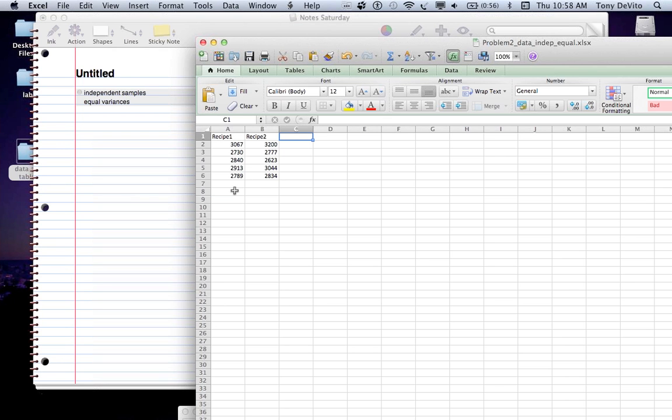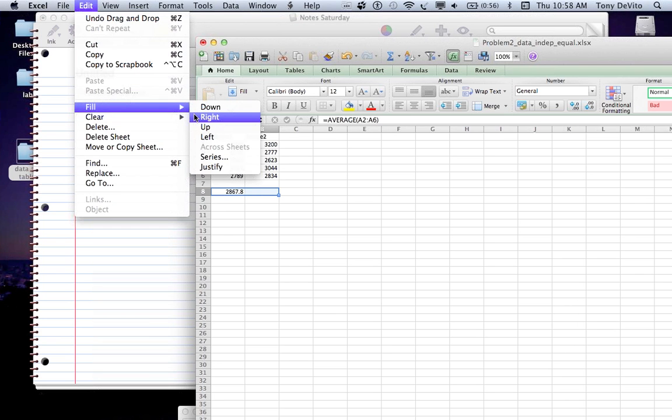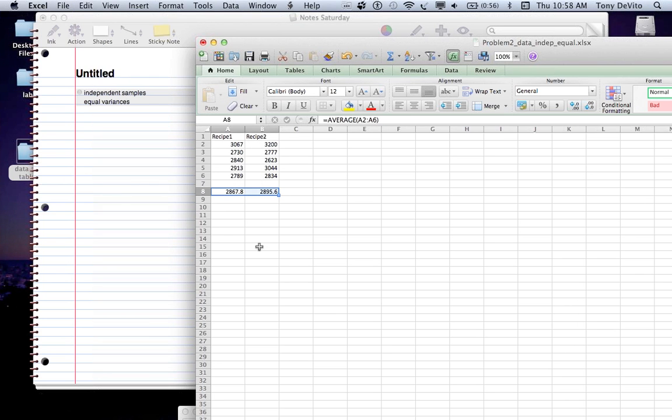So we're going to calculate a mean for this group, and a mean for this group. Okay, so the means are just a little bit different, not a whole lot different.